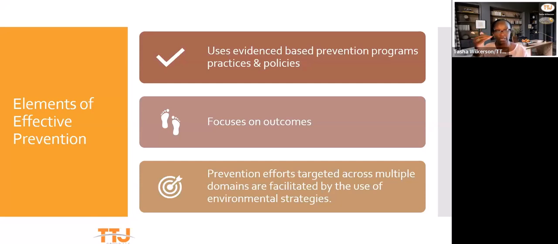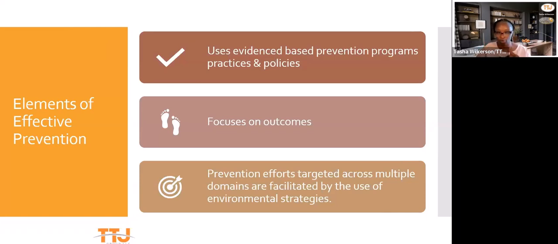Because logically, there may be some risk in your community, or the data may show that there are things going on in the community that a program won't fix, but a policy will. So I don't want you to think that prevention is only about programs.